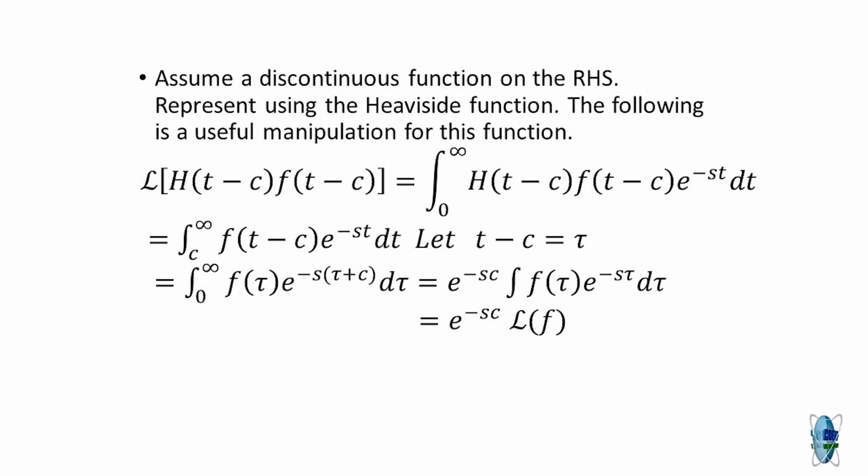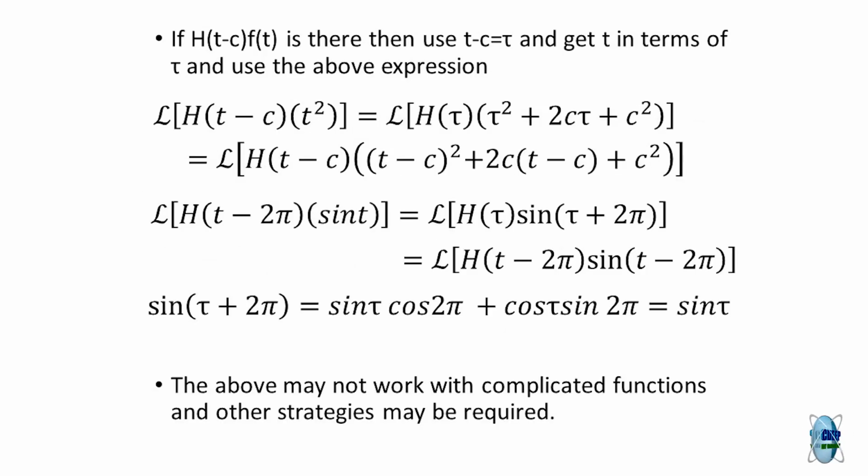Because the right hand side can start anywhere, and in here it is starting at c, the Laplace transform of the Heaviside function H(t minus c) times f(t minus c) is easily found as compared to f of t. And this was an example we again looked at, and just basically do a decent amount of algebra to get to the final solution. All of these are fine.